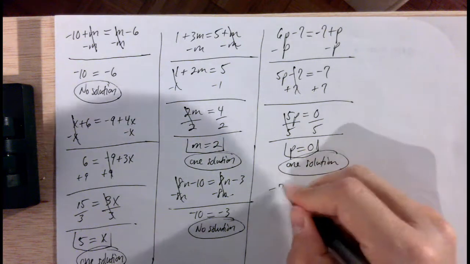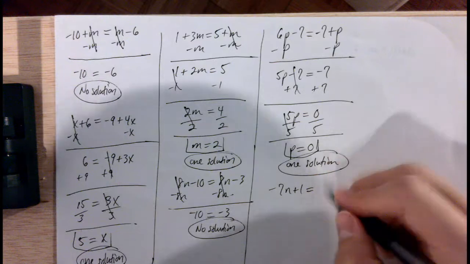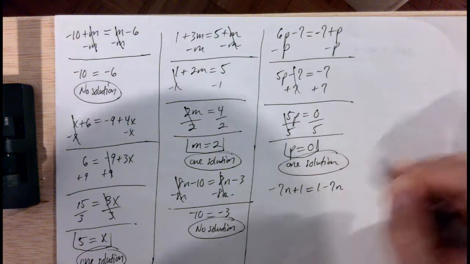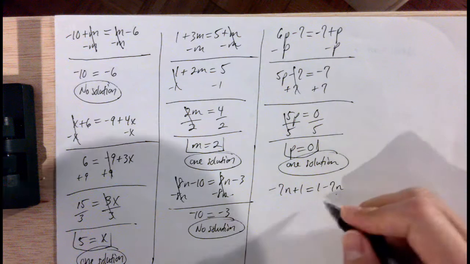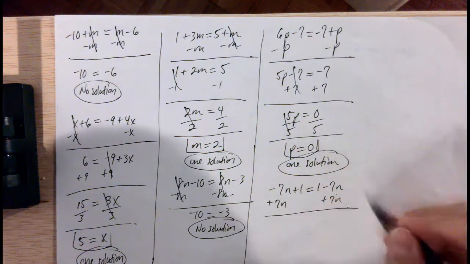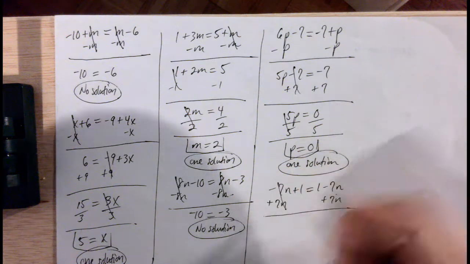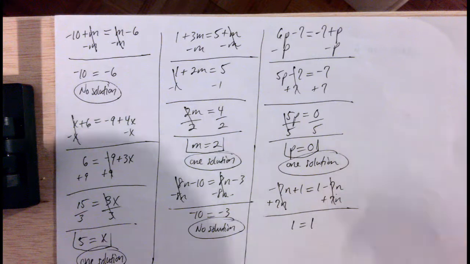The last example, negative 7n plus 1 is equal to 1 minus 7n. You want to move your lowest variable. Again, you have negative 7n, negative 7n. It doesn't matter. I'm going to add 7n to both sides. My 7's will cancel. I'm left with 1 is equal to 1. Because there's no variable, I'm left with a statement here.